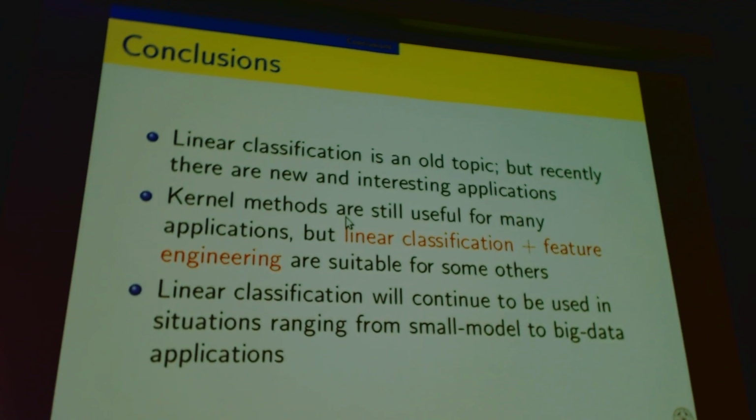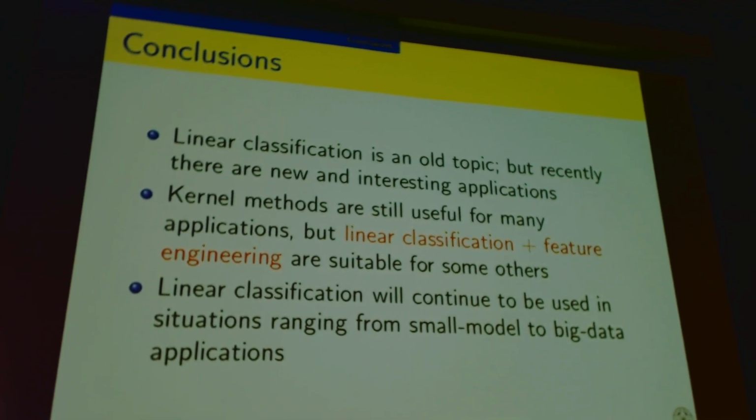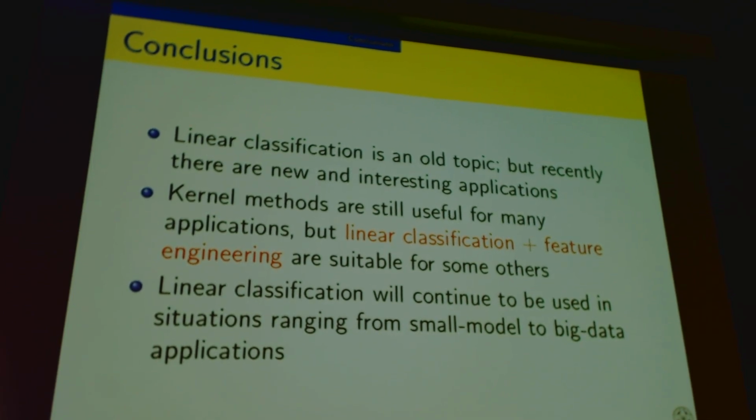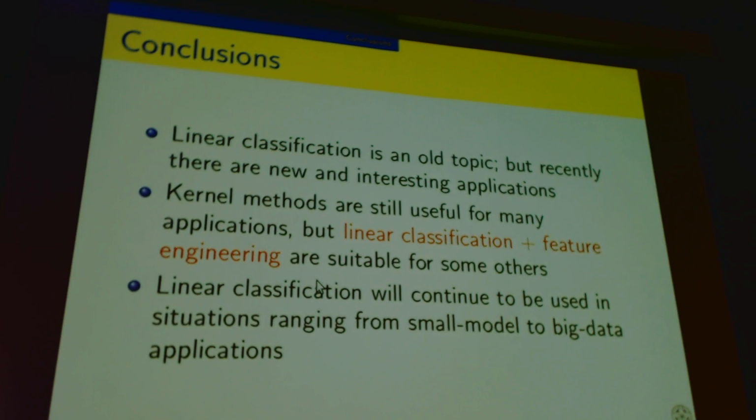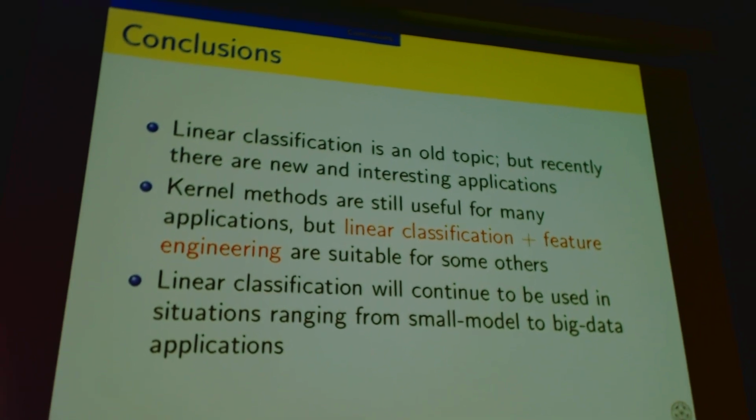No, kernel methods are still useful in many applications. What I want to say is that feature engineering plus linear classification can be suitable for certain applications. I do believe that linear classification will continue to be used in situations ranging from, like in my example, small models to some very big data applications.